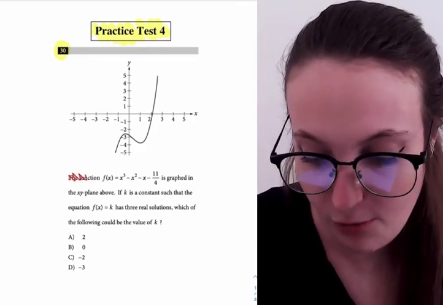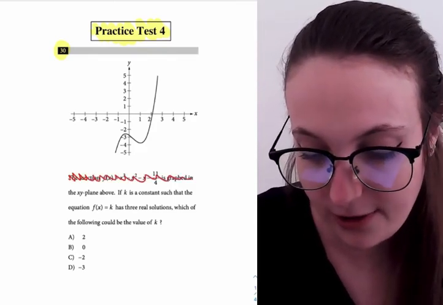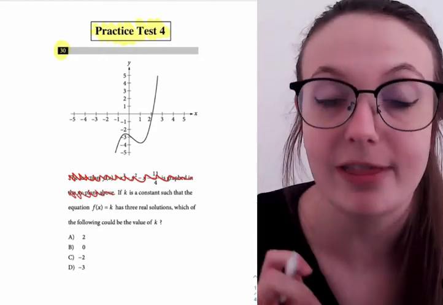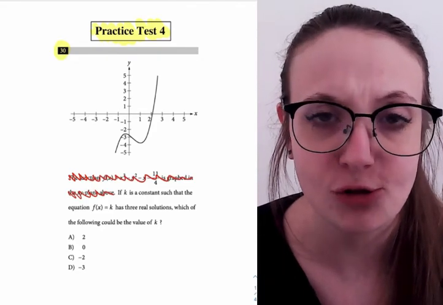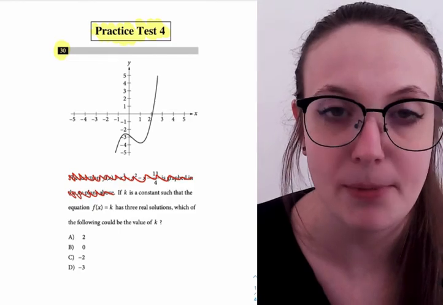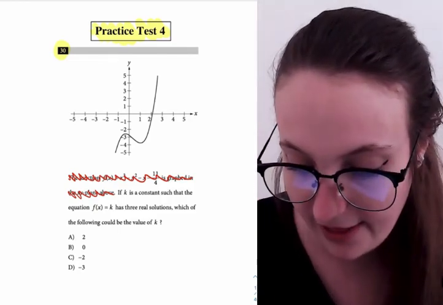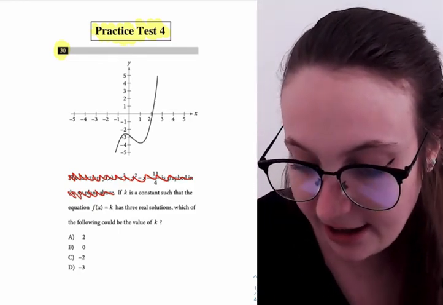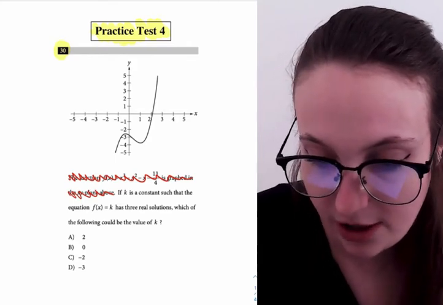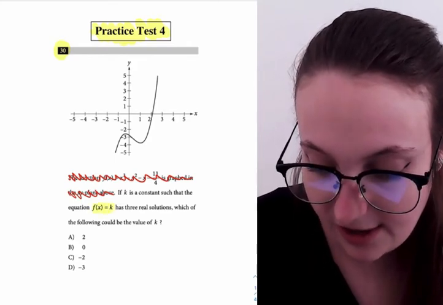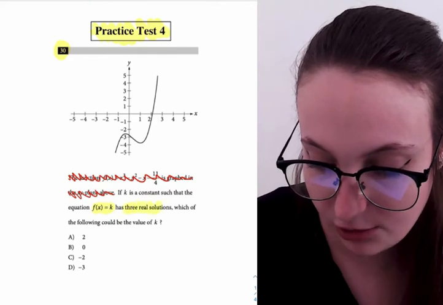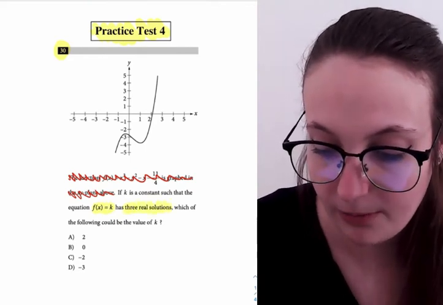This really has no bearing on anything about the question, so I'm just going to go ahead and ignore that. A lot of times they just give you extra information that you're not really going to need to implement to solve the problem, so whatever to that. If k is a constant such that the equation f of x equals k has 3 real solutions, which of the following could be the value of k?